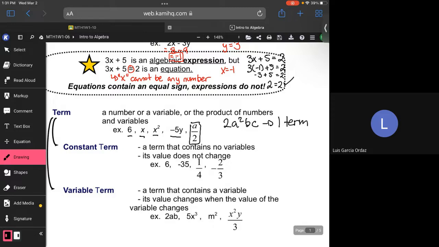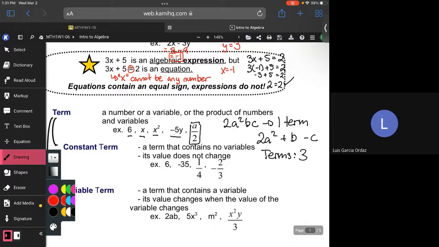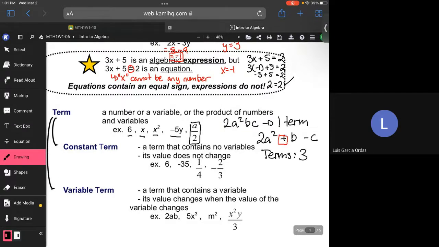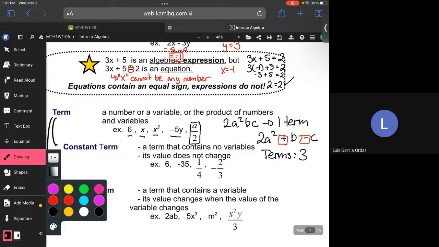However, if I had 2a squared plus b minus c, how many terms would that have? Maya? 3. So again, terms are separated by addition and subtraction. Which means that I have 2a squared as one term, b as another term, and c is my third term.